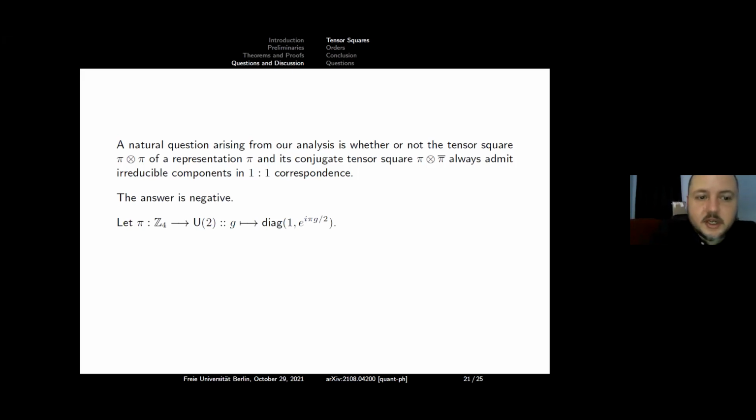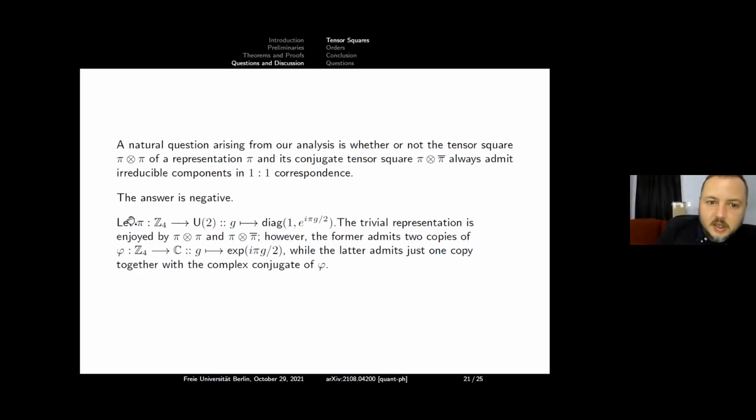I'm just going to consider a unitary representation of the symmetric group on 4 symbols into 2x2 unitaries, even just diagonal ones. You see what's going to happen. Consider this and look at its tensor square and its conjugate tensor square.